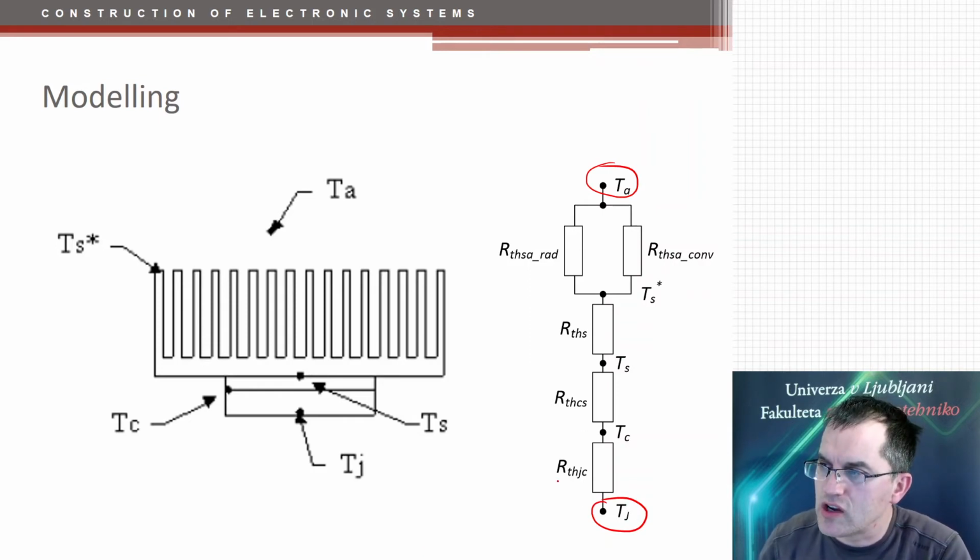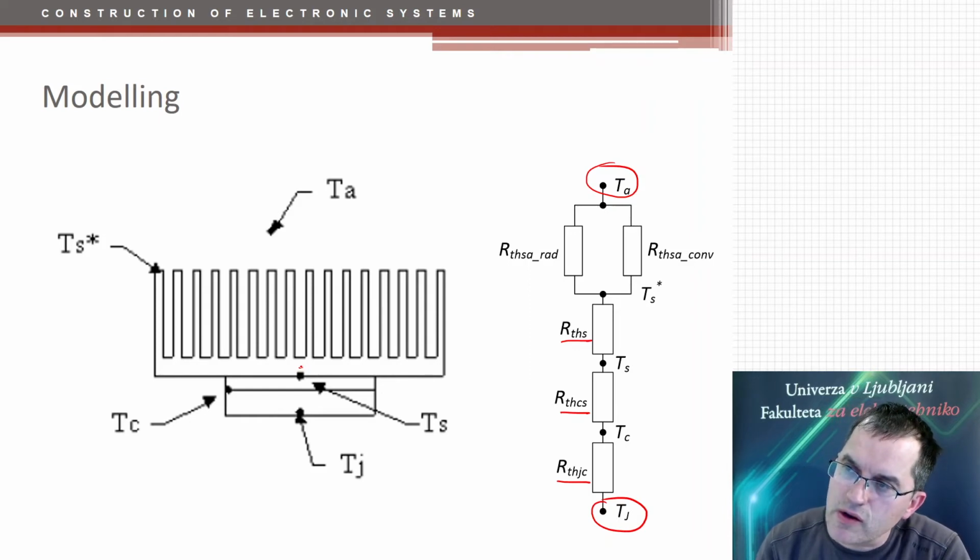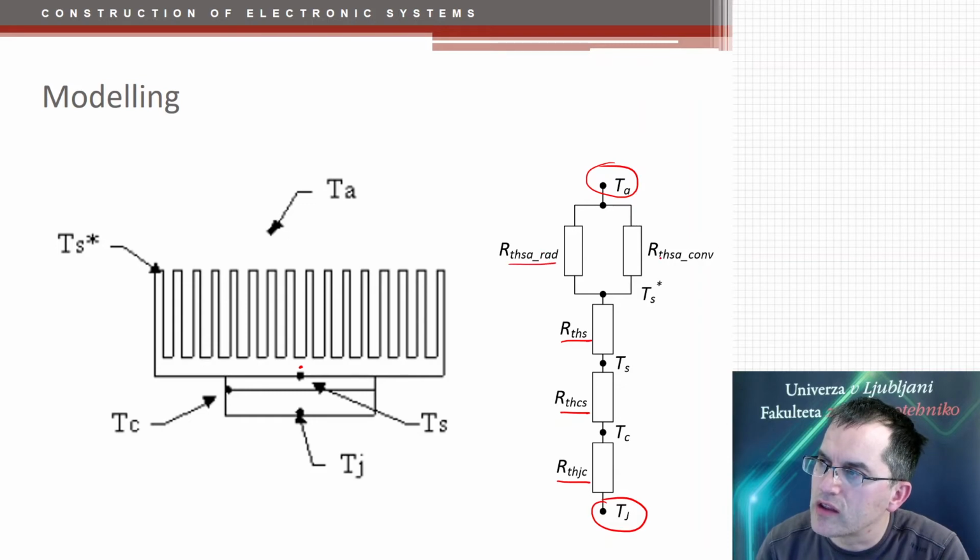You have the junction to case, case to sink, the heat resistance of the heatsink itself, and then you have the radiation and convection. And as I said, the convection plays the major role.